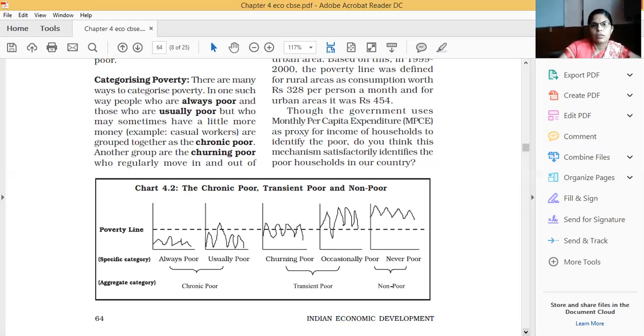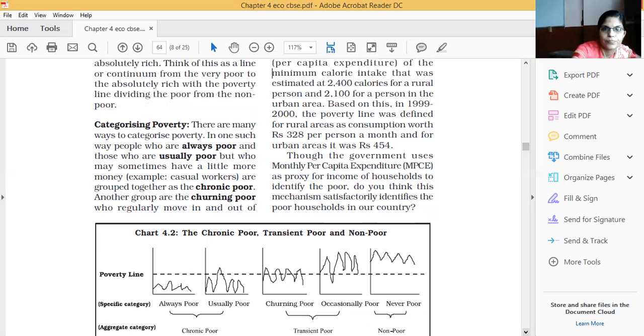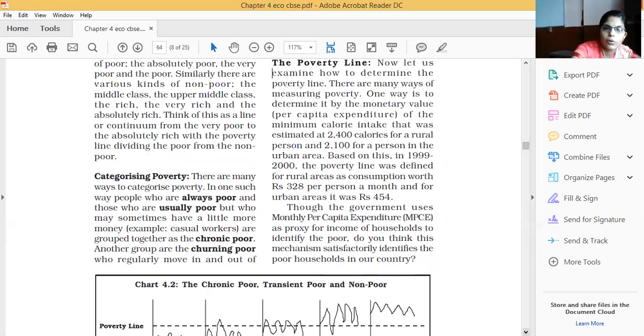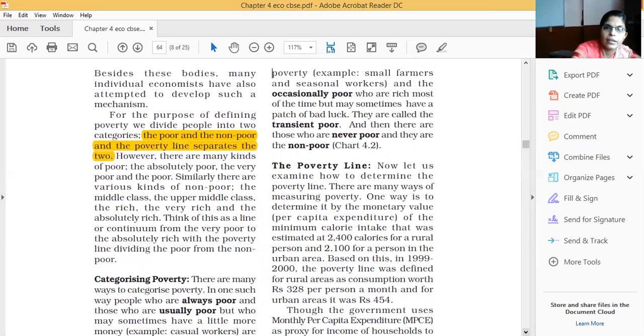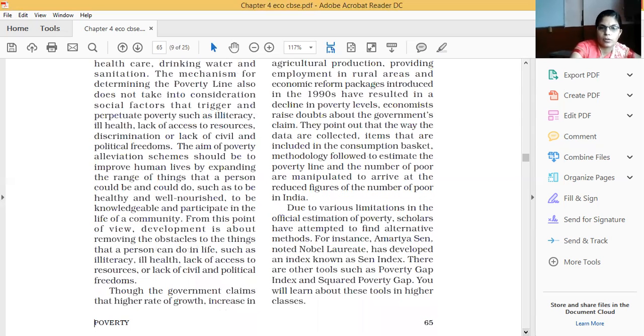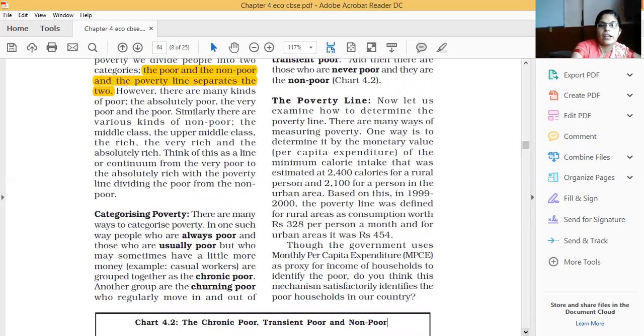Churning poor, that means what? Who regularly move in and out of poverty, occasionally poor. Next, we can say small farmers, seasonal farmers. These are casually poor. Okay, churning poor, chronic poor.